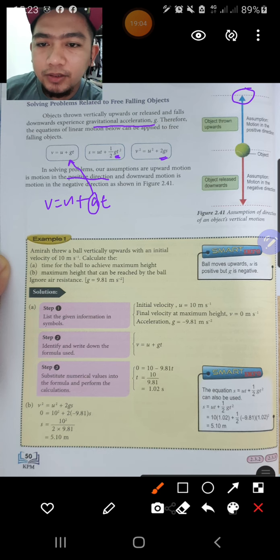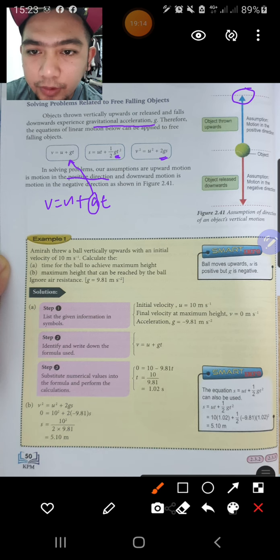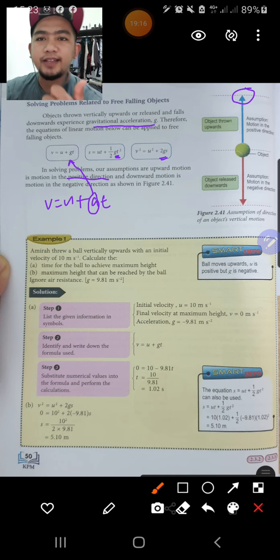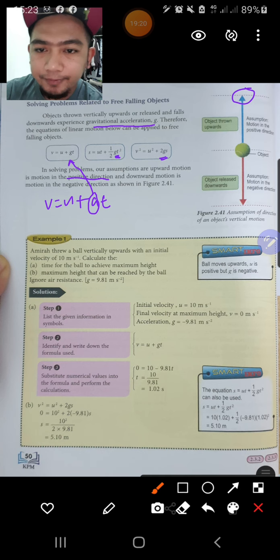Alright, so the first question is the time for the ball to achieve maximum height. The second one is the maximum height that can be reached by the ball. First find the time. The second one is the height, so it is the displacement.